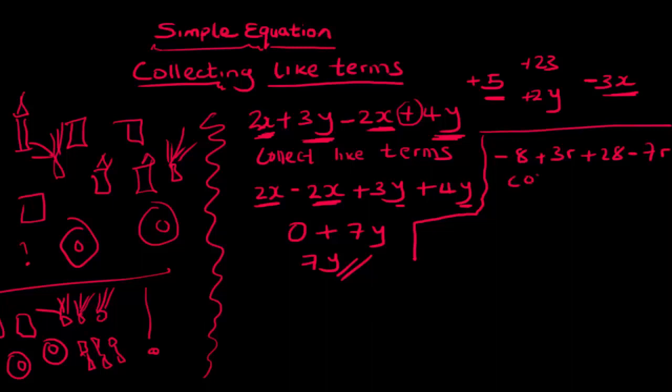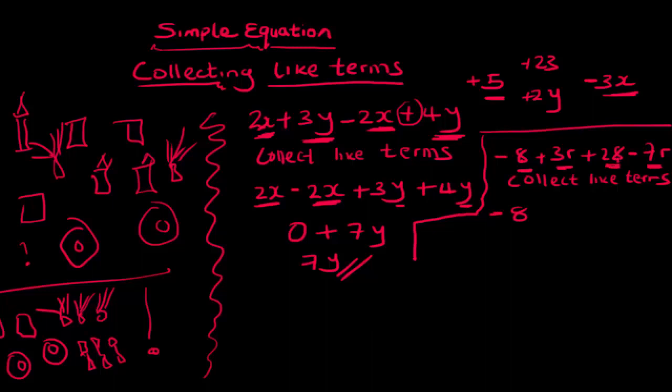Now let's collect like terms. Collect like terms. Alright, so numbers will come together. Then anyone that has r will come together. They are like terms. So what's the sign of 8? What is in front of it? So I have minus 8.